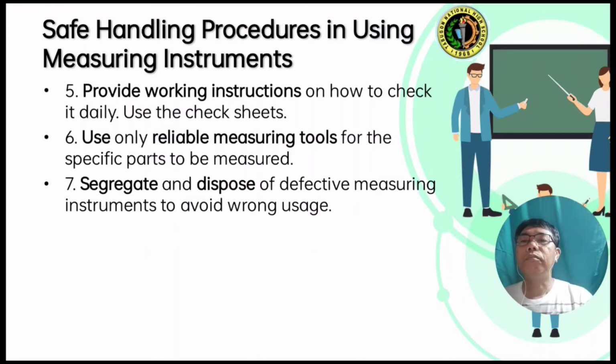Number 7, segregate and dispose of defective measuring instruments to avoid wrong usage. Of course, the defective ones should be separated from the conditioned ones so that when you use them, you can guarantee that your measurement is accurate.